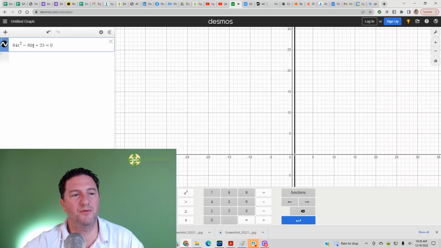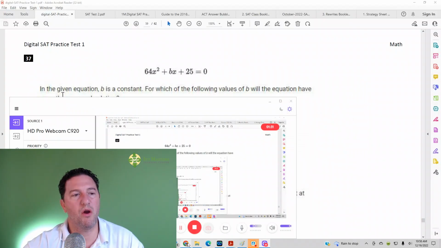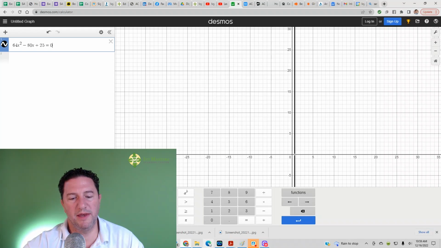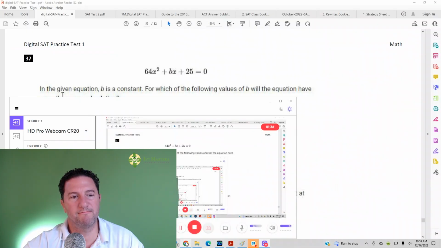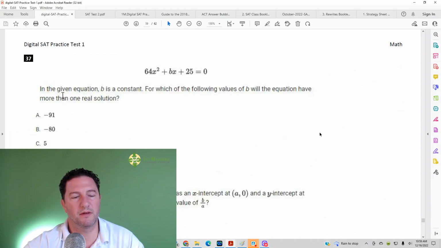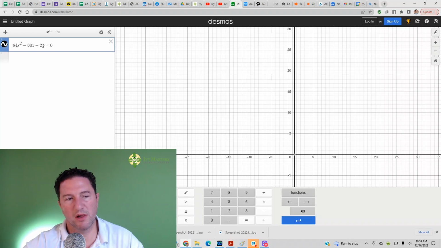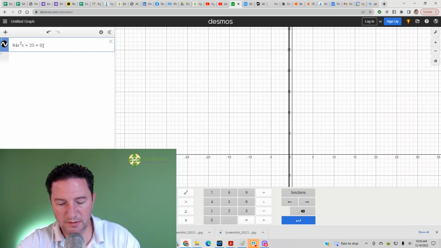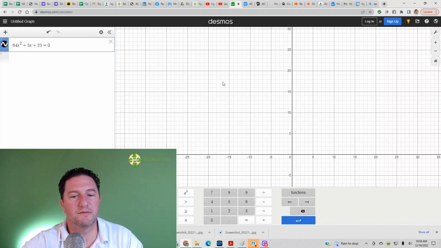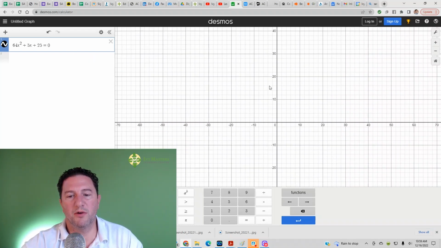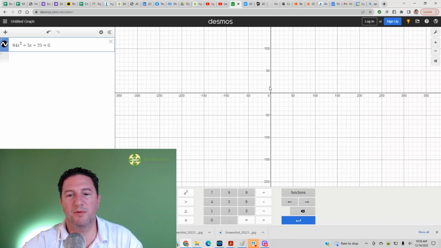Then let's see what our other values were: 5 and 40. Let's test out 5. The parabola is nowhere to be found.